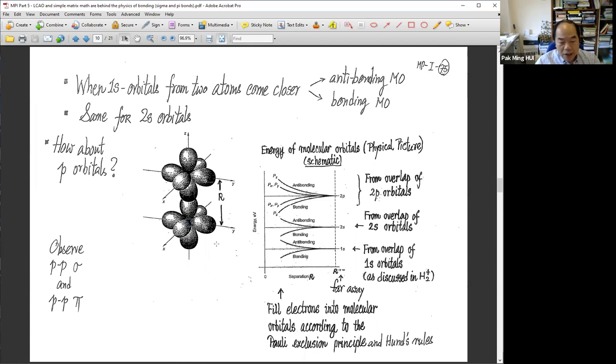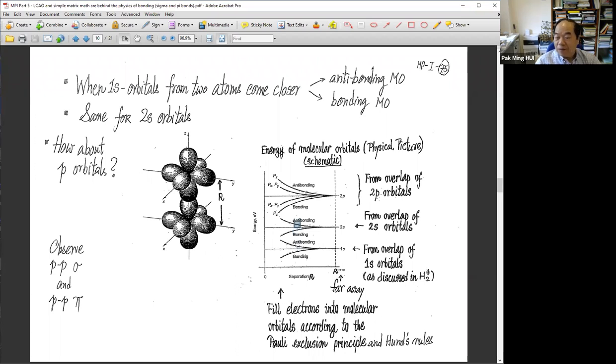The atom, of course, has a 1s. So this 1s, like a ball, can also overlap with the other 1s and form this 1s bonding, 1s anti-bonding. Also, it has a 2s, so it's 2s bonding, anti-bonding, all right?